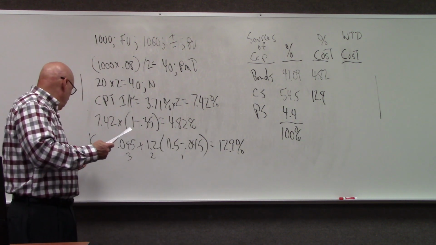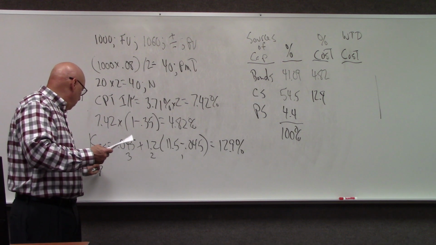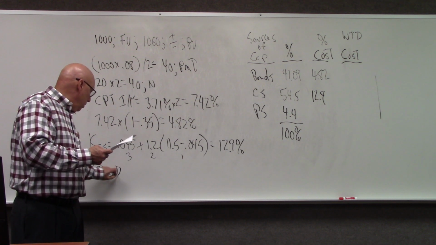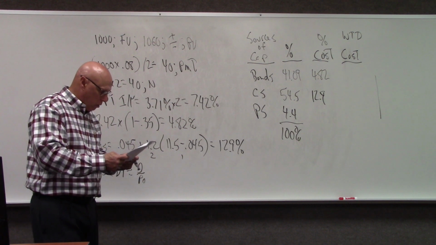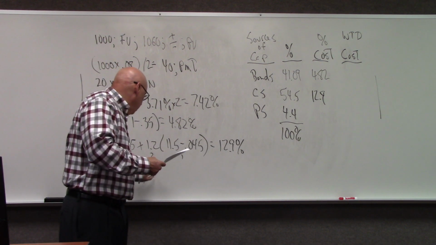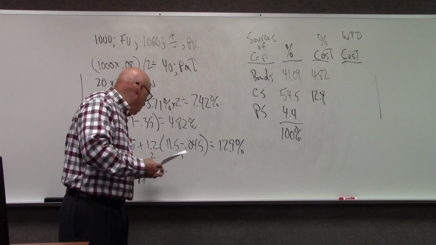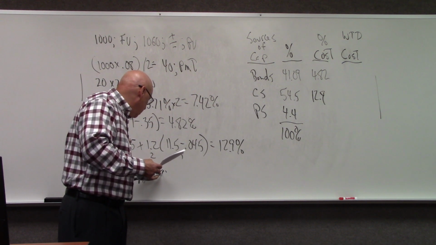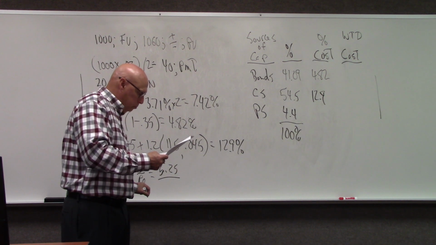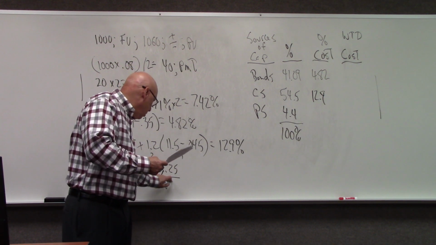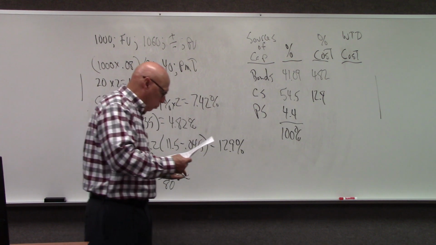Now we're going to do cost of preferred stock, which is the dividend yield, D over P0, which is 5.25 divided by 80, which is 6.56%.